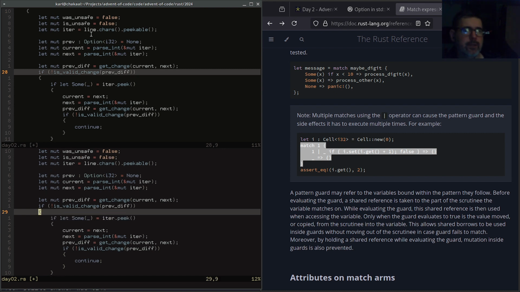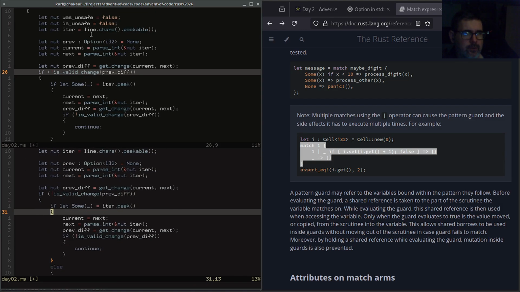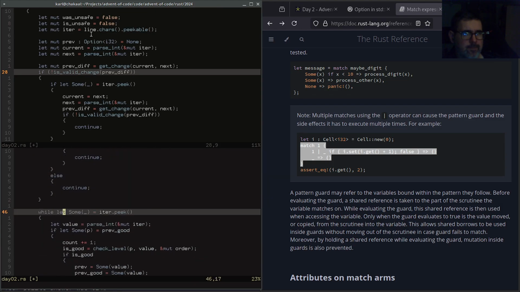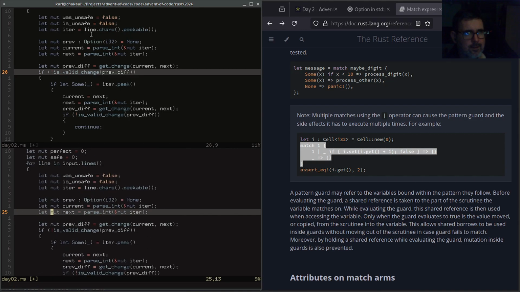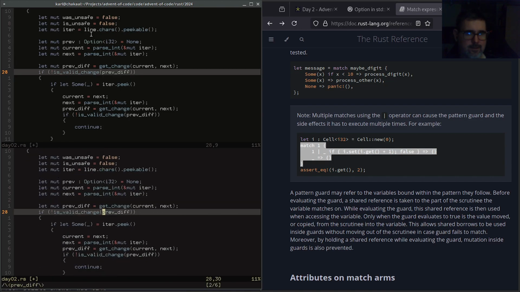So we will have calculated the difference between current and next at this point. So I guess we want... and I guess it would make sense then to call this next diff.